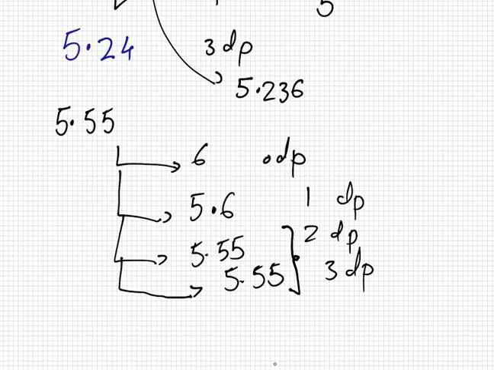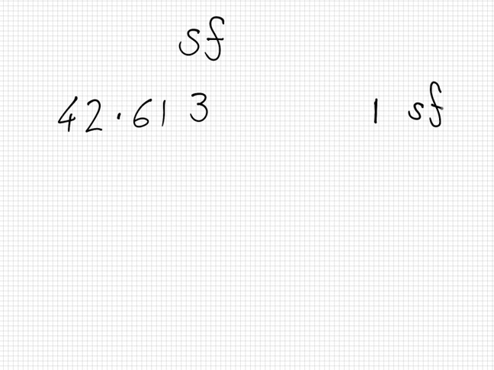Okay? The next thing, which is maybe something you're not familiar with, which is called significant figures, SF. Okay, so 42.613. If I say 1 significant figure, what I mean is the first number.